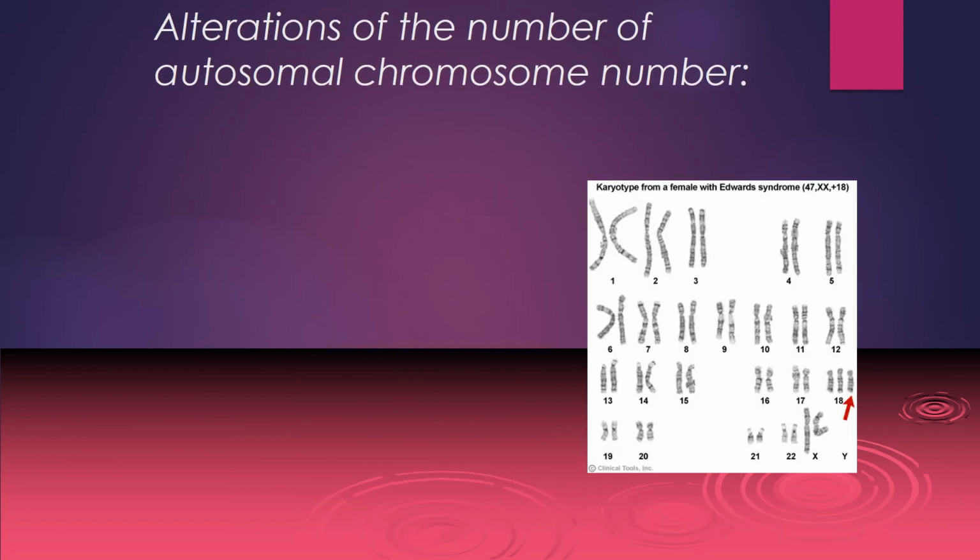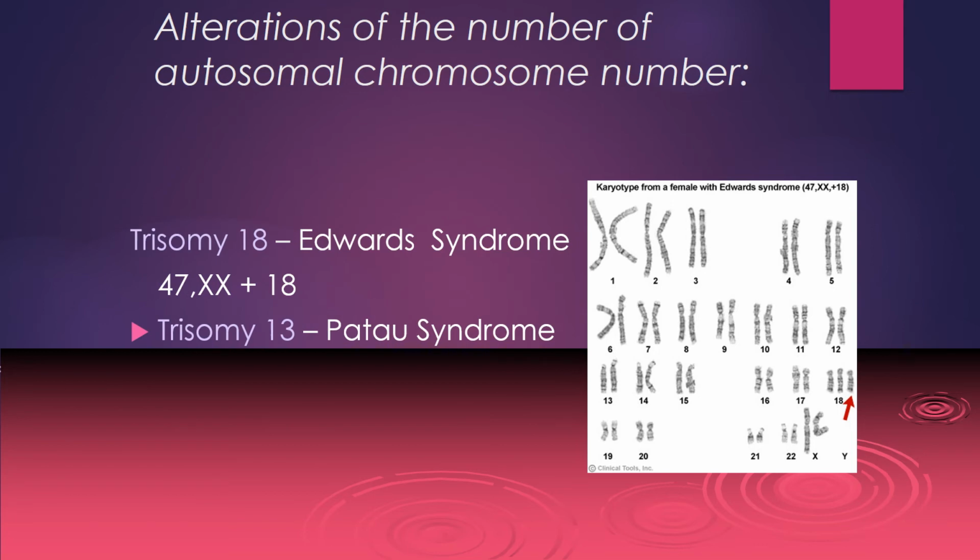All right, other trisomies that result in alterations in the number of chromosomes are Edwards syndrome and Patau syndrome. Trisomy 18 is an example of a third 18th chromosome. As you look at this, 47, remember, is our total chromosome number.